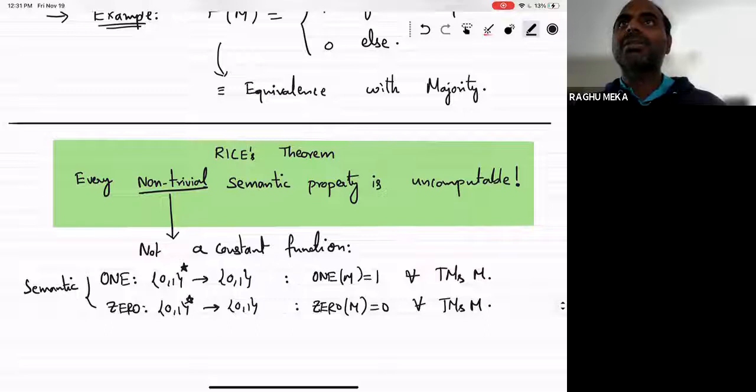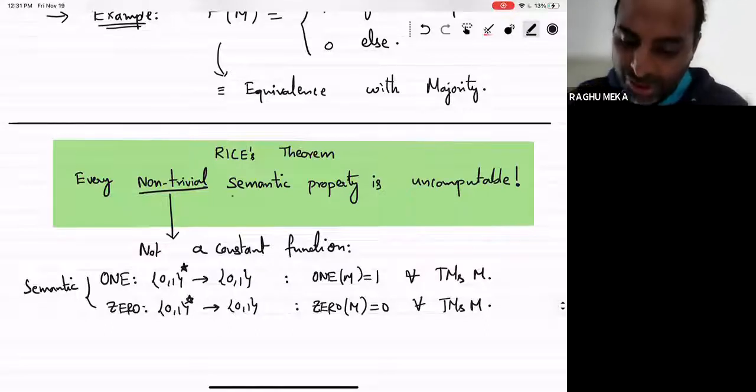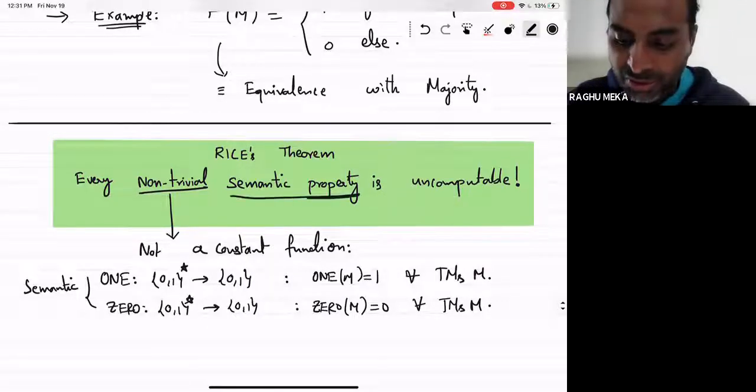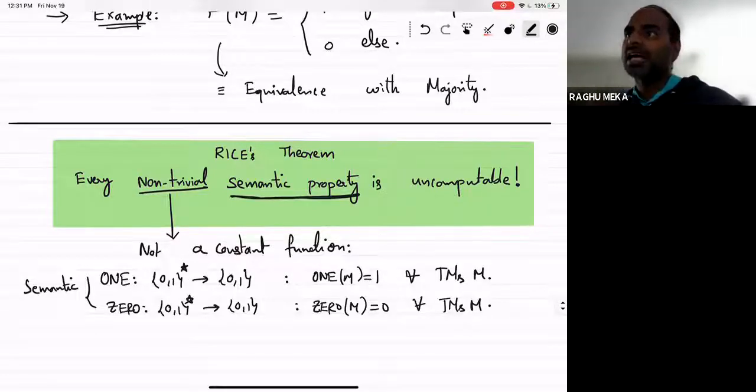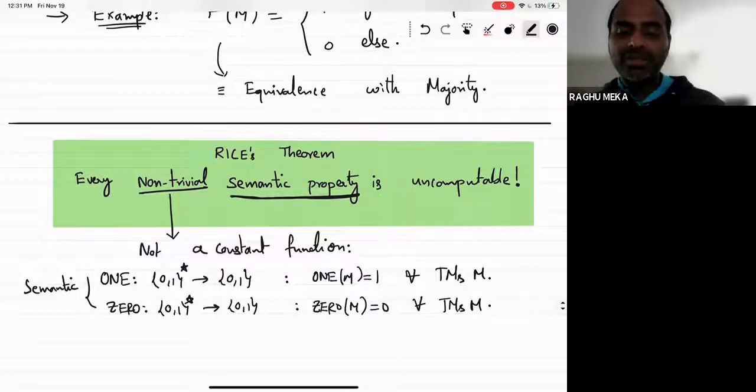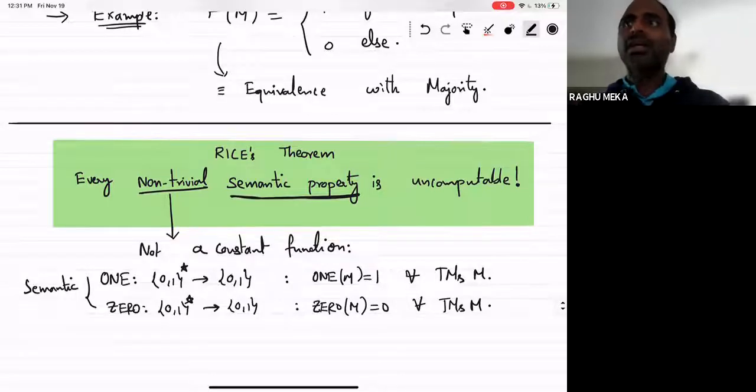Does the statement make sense? It's very strong because it holds for all semantic properties, not for some specific things. And obviously you can conclude from this that halt on 0, not empty, equivalence with majority, all these things are uncomputable directly from Rice's theorem.